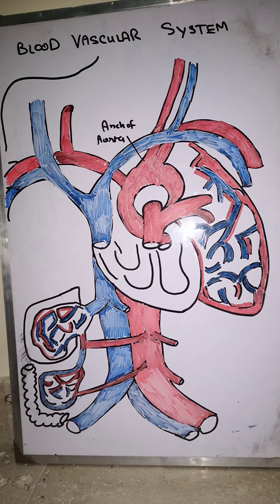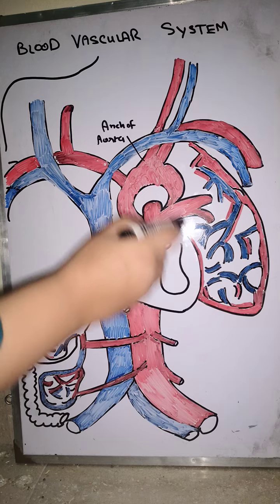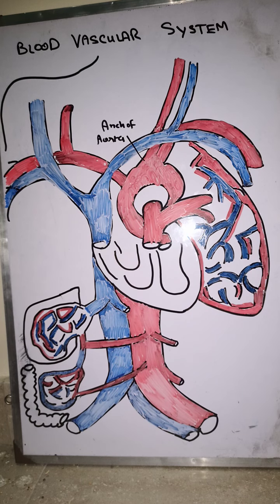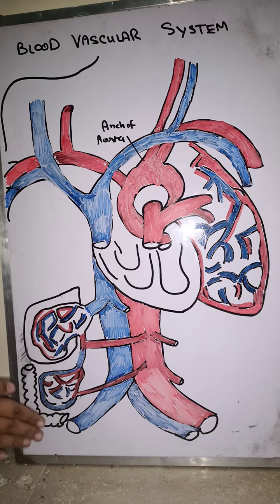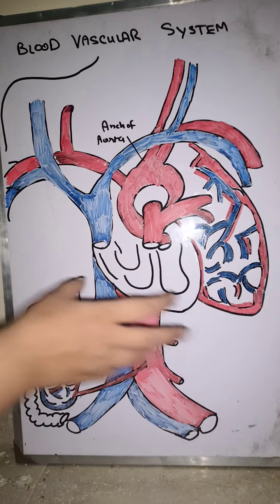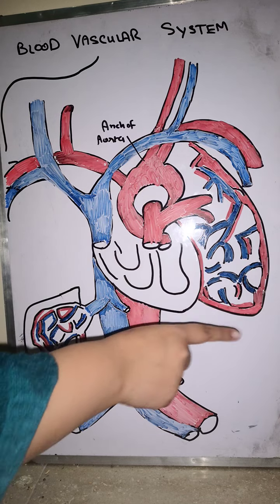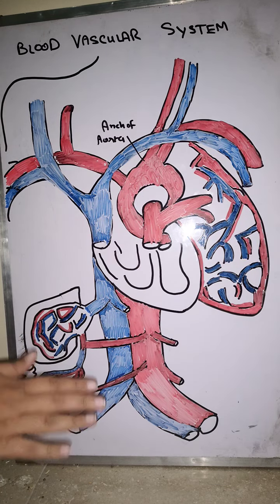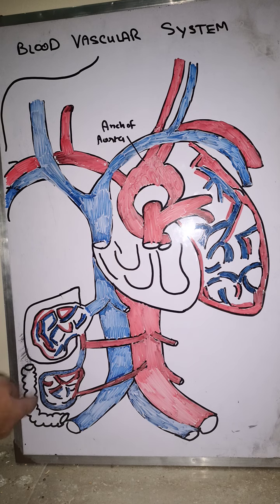It is the part in which blood is collected, and from this system it gets passed to the lungs. This is the lung part, showing how the blood vascular system goes around and spreads. This is the liver, and this is the small intestine. This is basically the general plan for the blood vascular system.